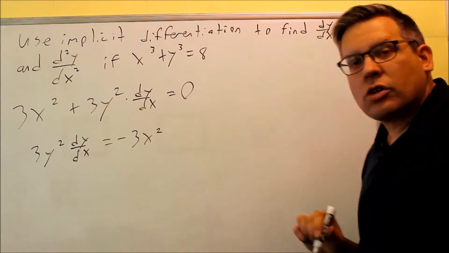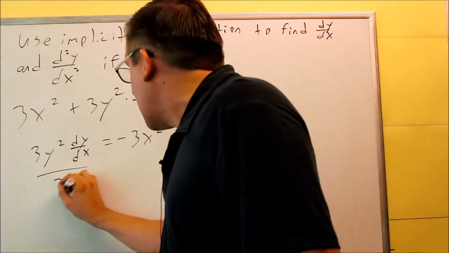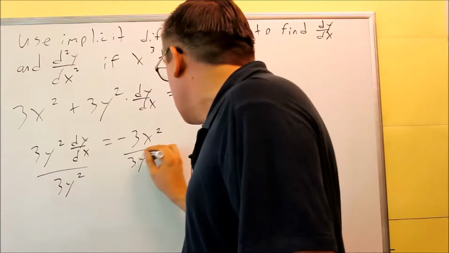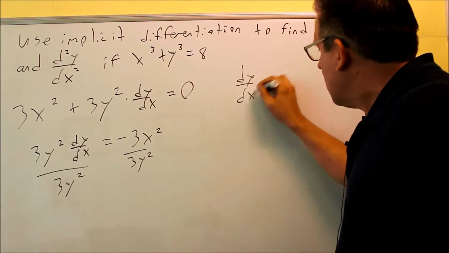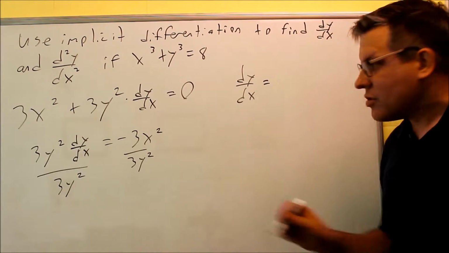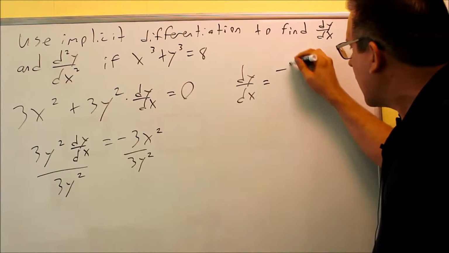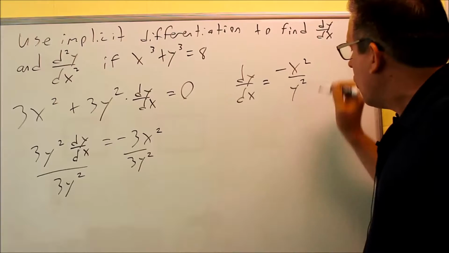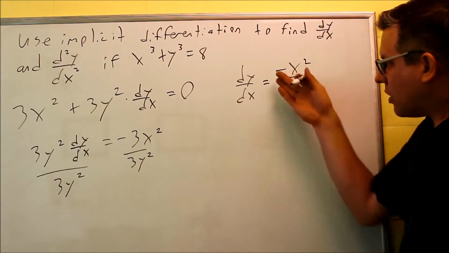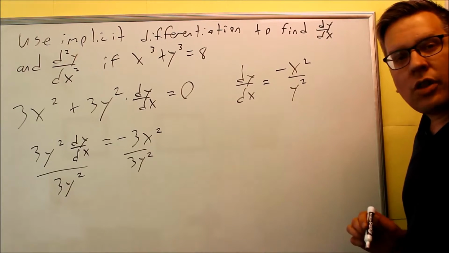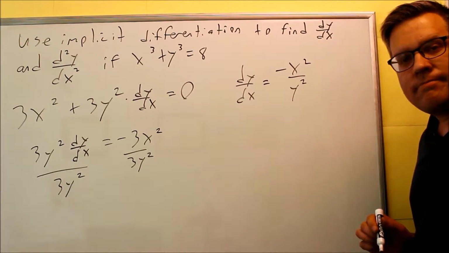You need to solve for dy/dx, so I'm going to divide both sides by 3y squared. The 3's are going to cancel and you get negative x squared over y squared. So that's the first derivative.